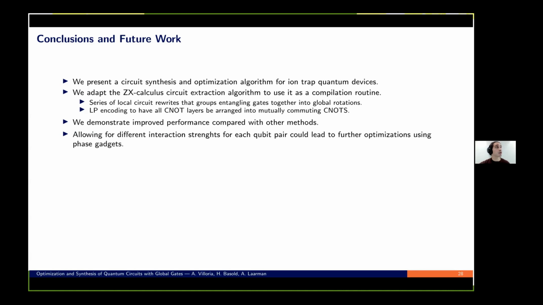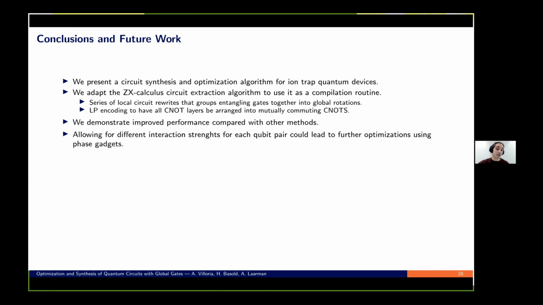One extension of this would be to allow for different interaction strengths for each qubit pair. As I said before, if you have different alphas for each 2 qubit gate, then instead of extracting CNOTs, you could extract these phase gates instead, as the paper that does the circuit optimization for neutral atoms does.